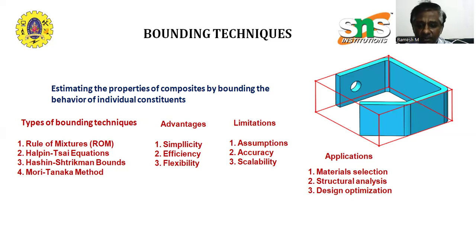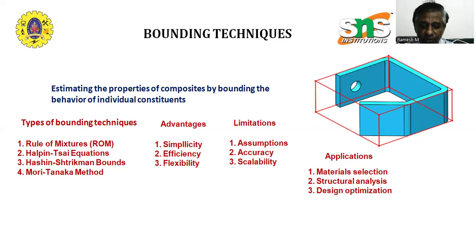Then what are the limitations of bounding techniques? One is assumptions, then accuracy, scalability. Bounding techniques rely on simplifying assumptions, such as linear elastic behavior and perfect fiber matrix bonding.